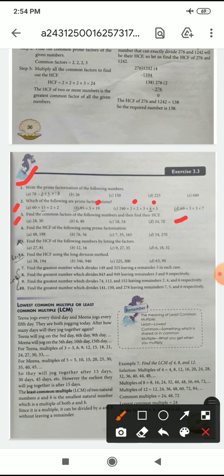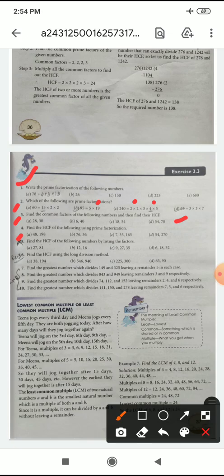Then 3 bit, you see, find the common factors of the following numbers and then find their HCF. So first of all, you find all the factors, then you find out which are common and which is the highest common factor you find out. Okay, number 4, you see, find the HCF of the following using prime factorization method. You follow the examples of prime factorization method.